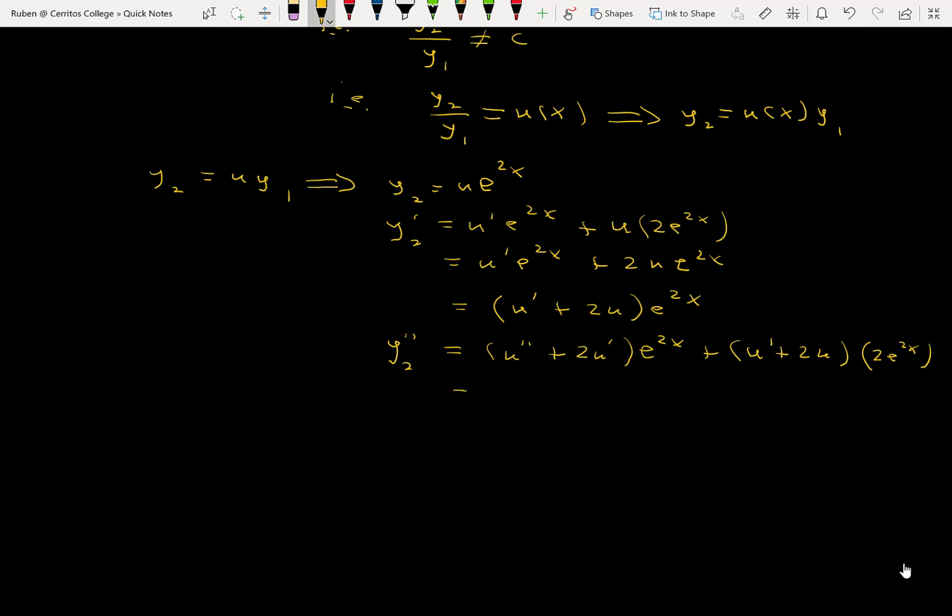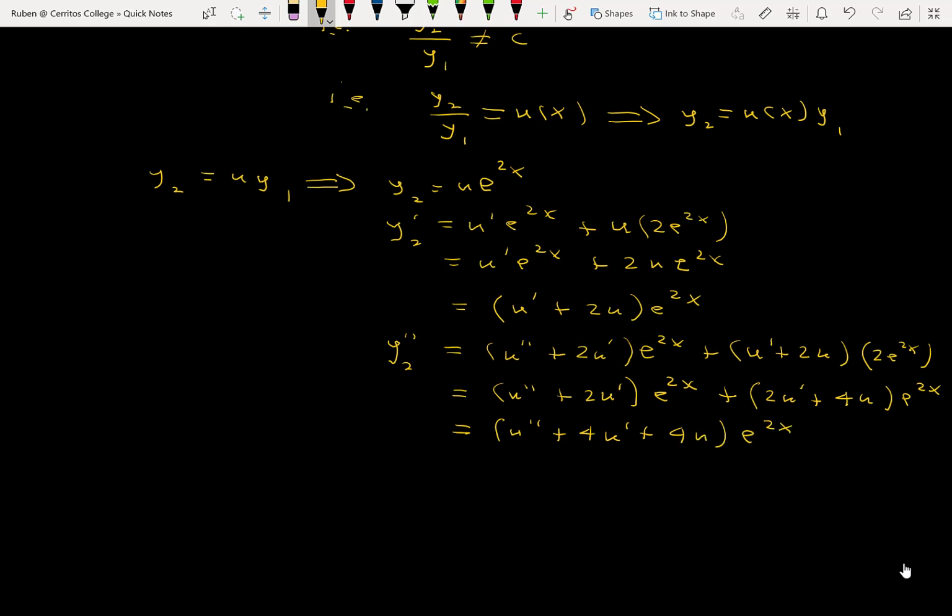Okay, so simplifying, we get u double prime plus 2u prime, e to the 2x, plus 2u prime plus 4u times e to the 2x.